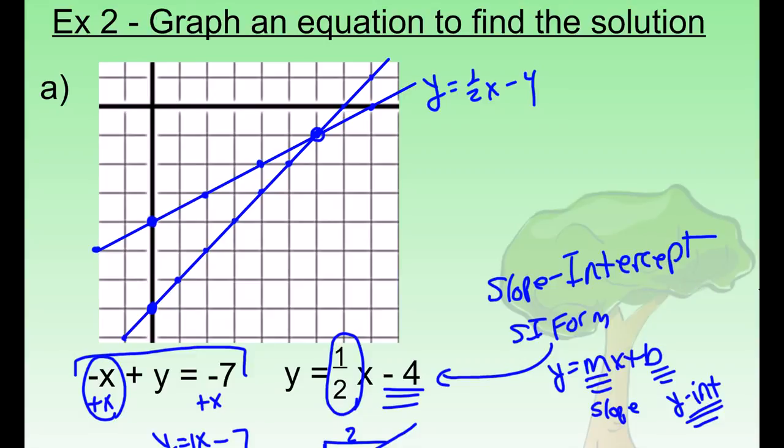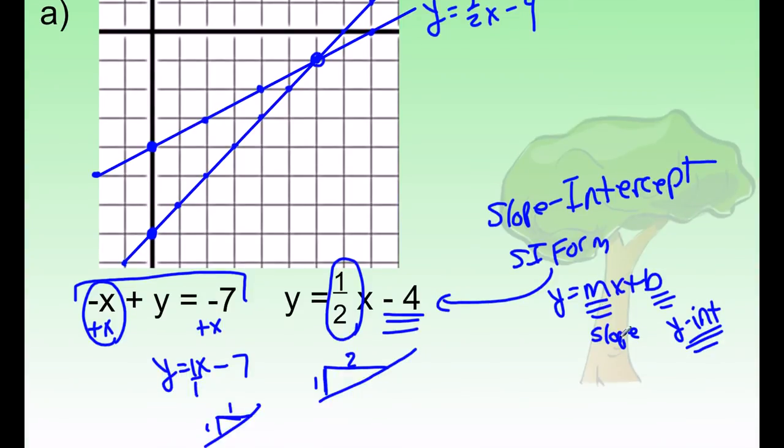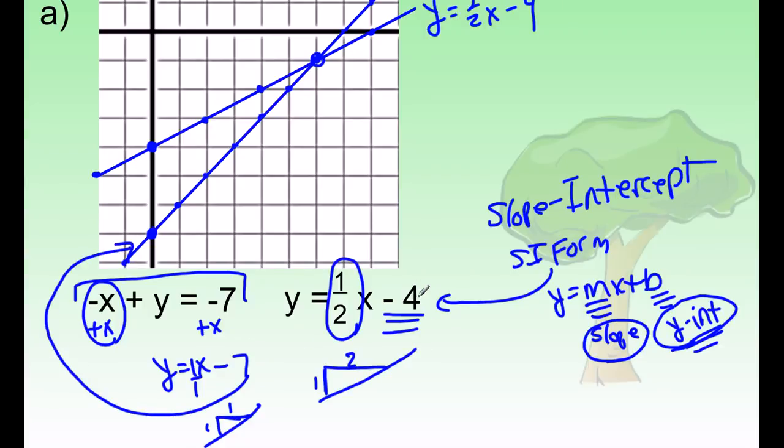It's called slope-intercept form because the equation has the slope of the line and the y-intercept of the line. You have to find some place to start on your graph, and the starting place is on the y-axis. It's the y-intercept. So you put your point on the y-intercept, -7, and -4.